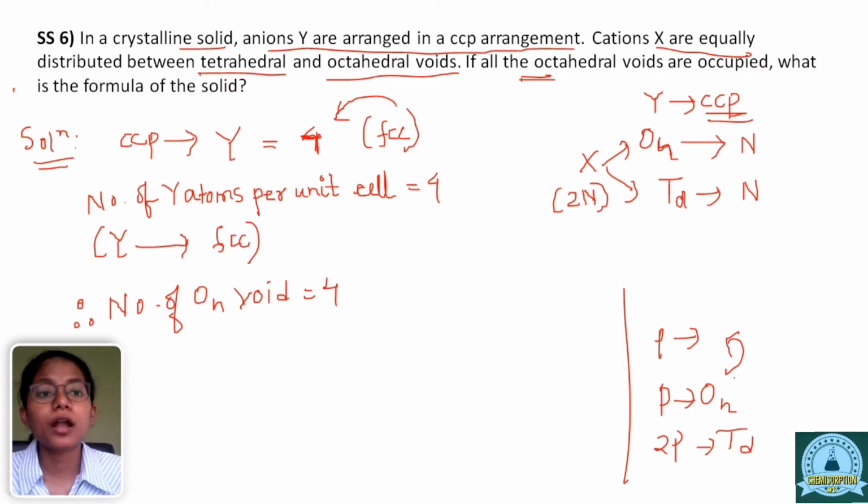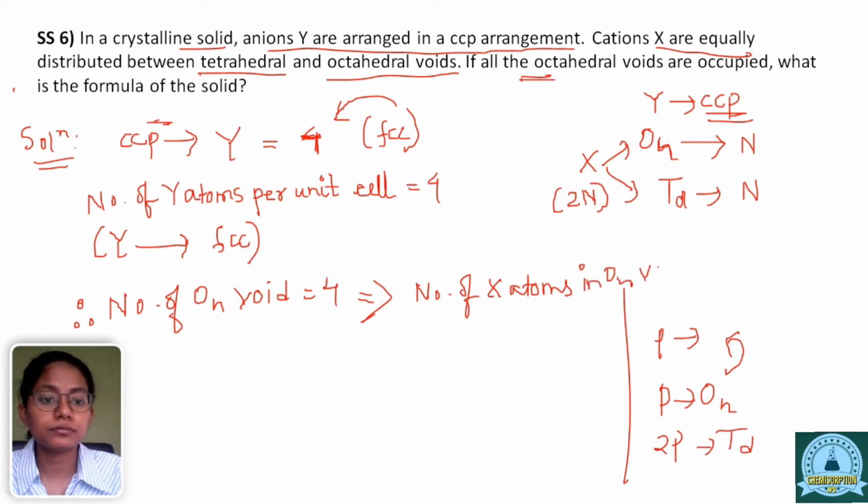So here all the octahedral voids are occupied. It means the number of octahedral voids is 4, and the number of X atoms in octahedral voids is also equal to 4.